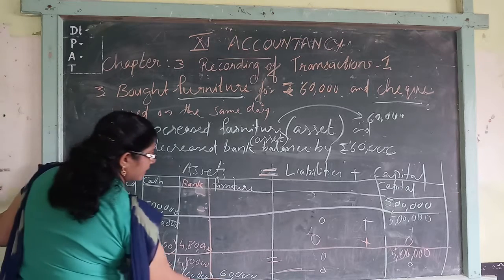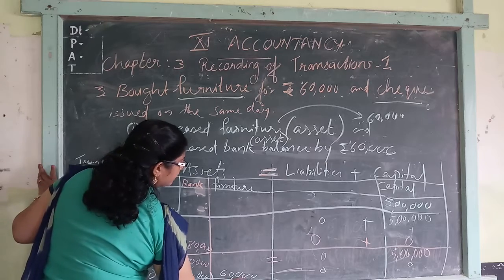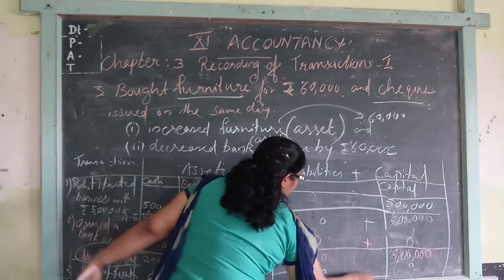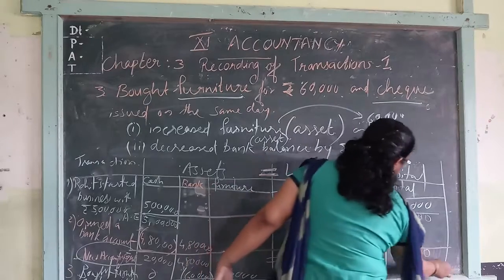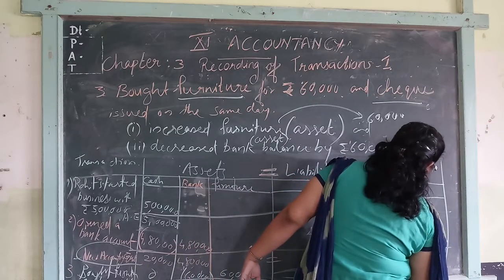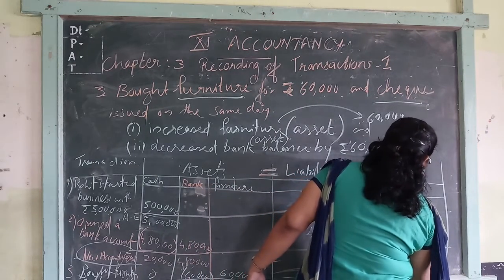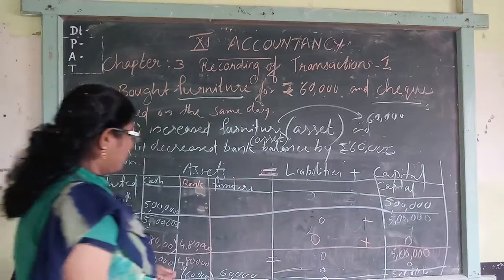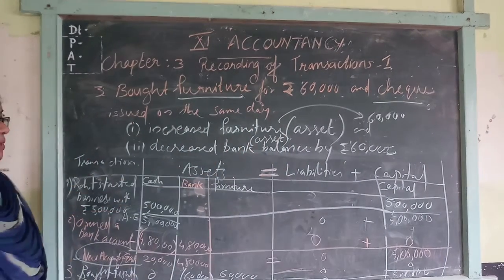And here 60,000. Here 0. In the new accounting equation, here 5 lakh.